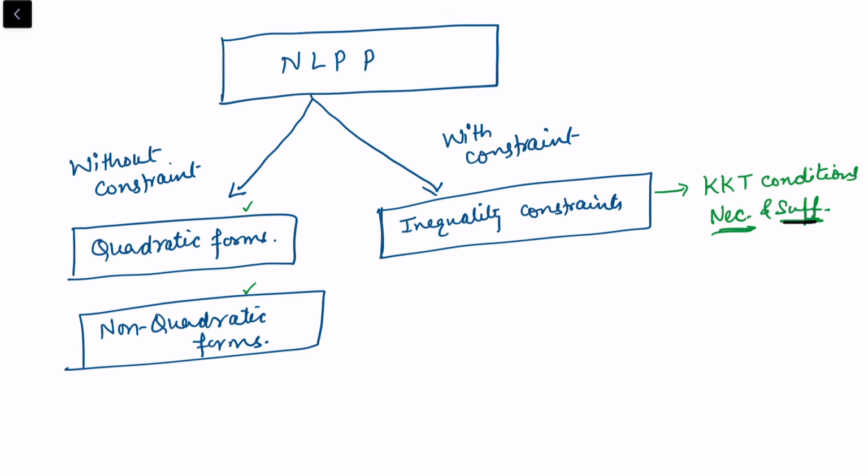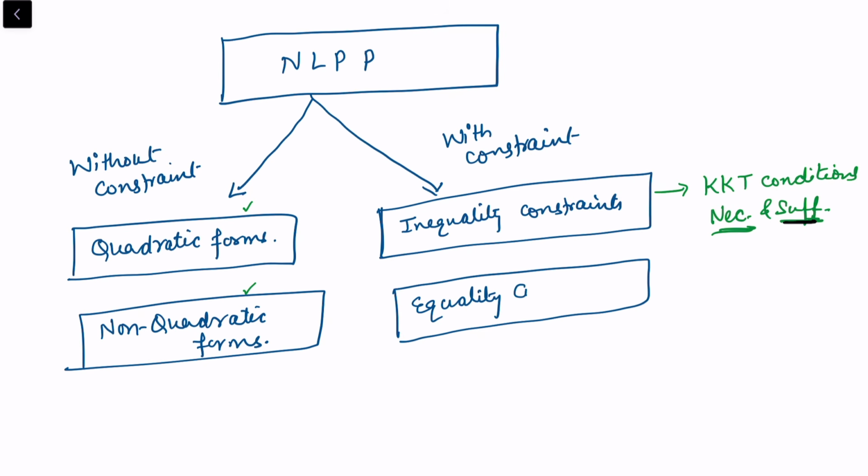The moment we say it is a sufficient condition, we just have to verify those sufficient conditions are satisfied, and we'll talk about maxima or minima. Similarly, if the constraints are equality constraints, then we will apply the method which we call Lagrange multiplier.